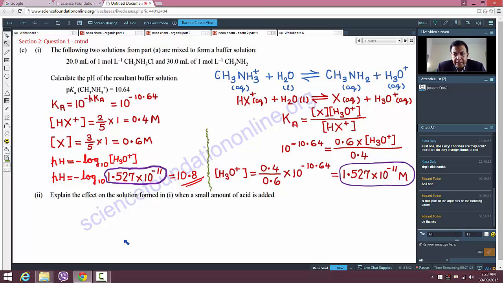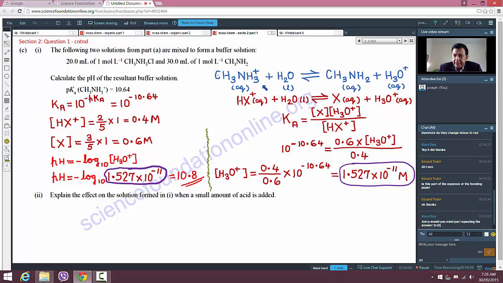In this particular case, the concentration of the base is higher, so it will be better at buffering against the addition of an acid compared to the addition of a base. Why is this? Because there's more base, and what does the base react with? With the acid. So it's better at resisting changes to the addition of acid than to the addition of a base.